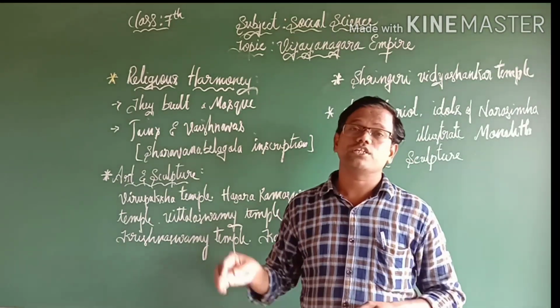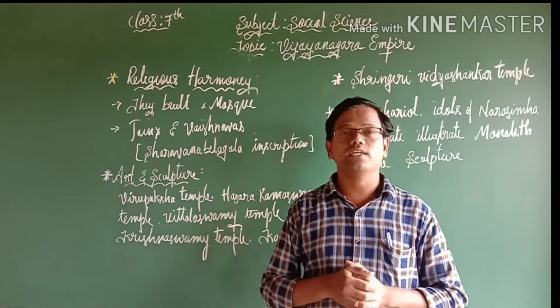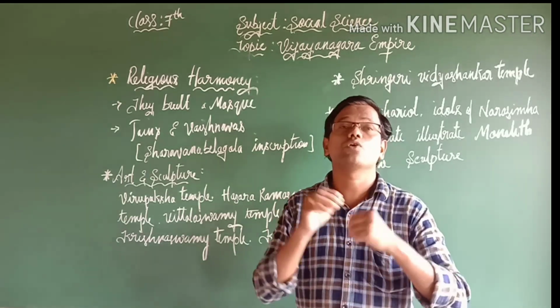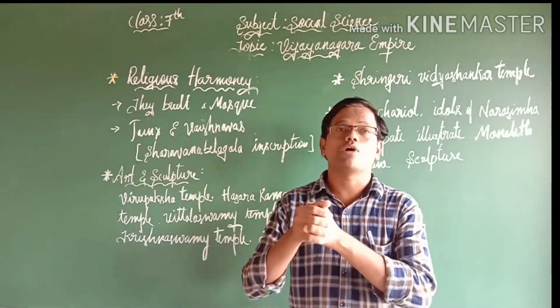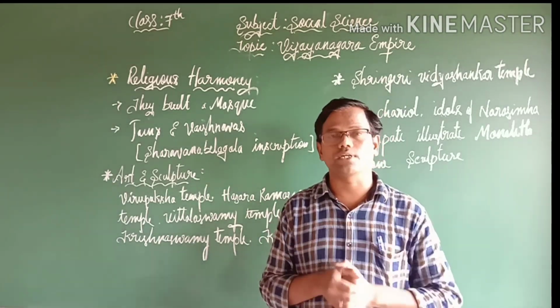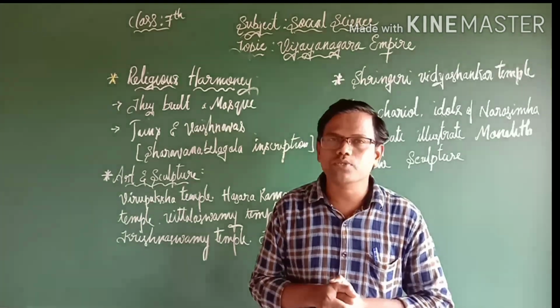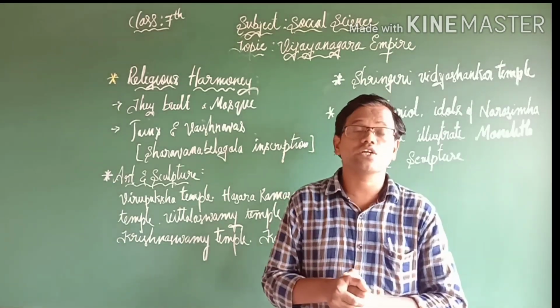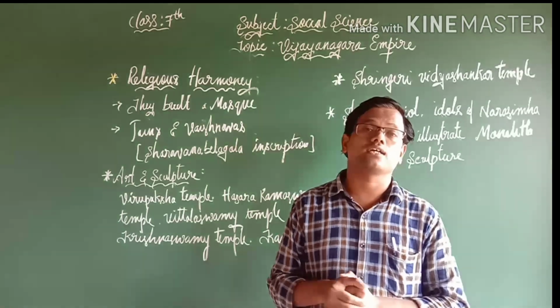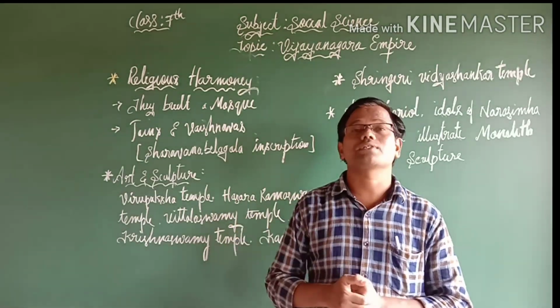Percy Brown visited Vijayanagara and, observing the monuments, temples and sculpture, stated that the art and sculpture of Vijayanagara was an evolutionary form of Dravidian style. So this was stated by Percy Brown.